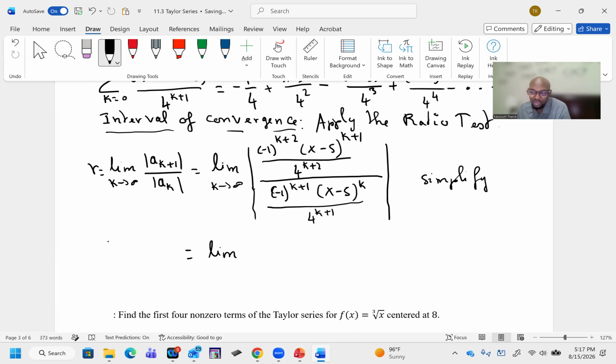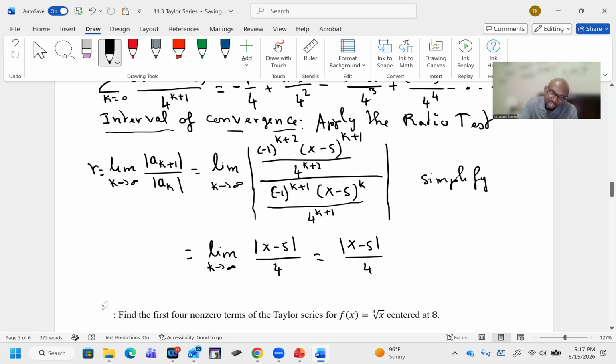At the end, we will get the absolute value of (x minus 5) divided by 4, which is equal to R, right?